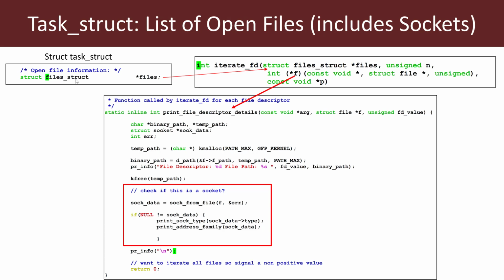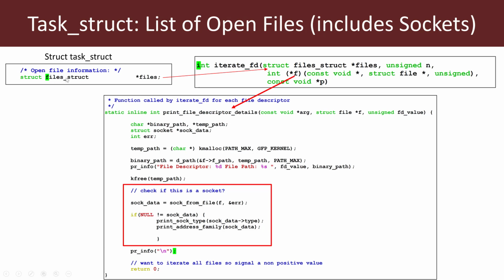It's important to note that in Linux everything is ideally represented by a file. So even sockets, both for IPC as well as network ones, are really just files. So the files_struct will also give us information about open sockets.